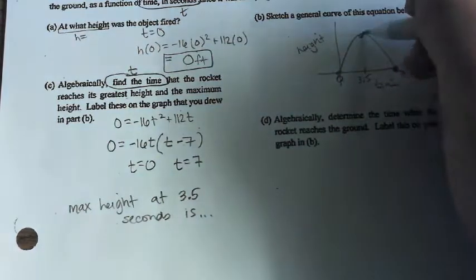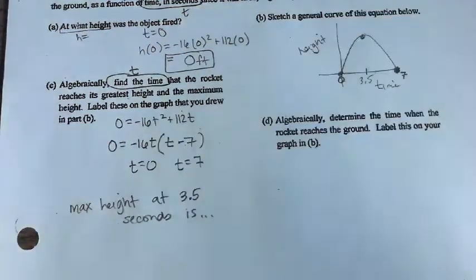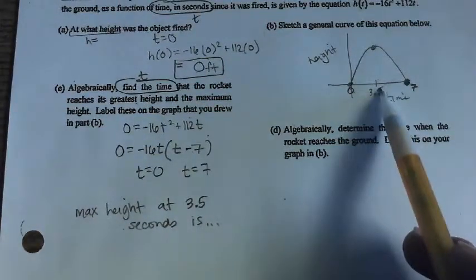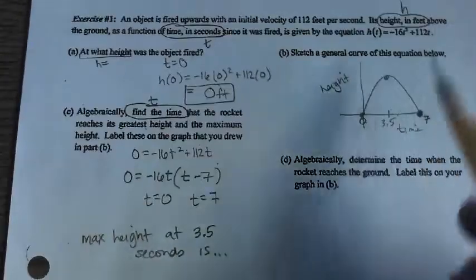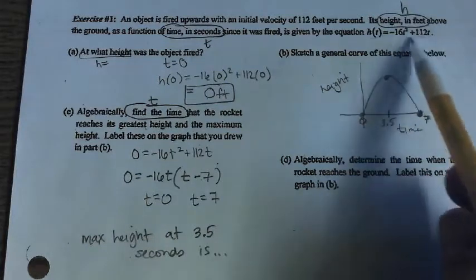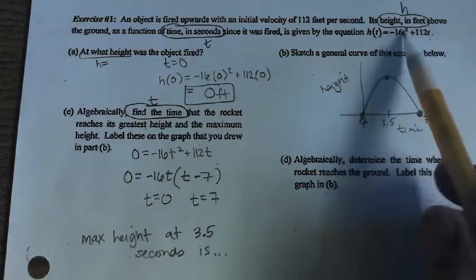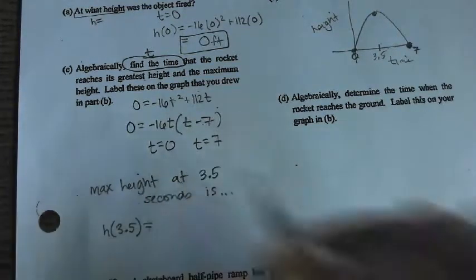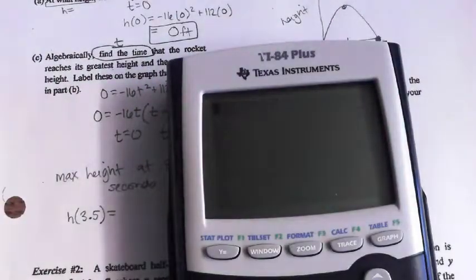How do you find the corresponding y-coordinate that will give us the height? Right. 3.5 is the number of seconds. If you want to know what the height is at that moment, plug it in. So we're going to do h of 3.5, and then we'll just type that in on our calculator.